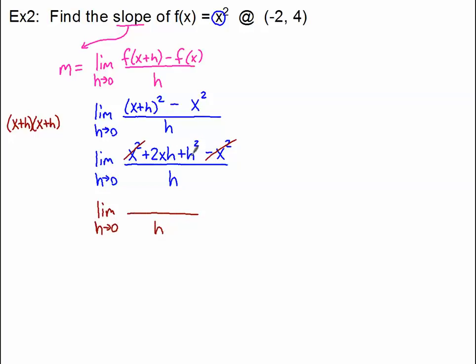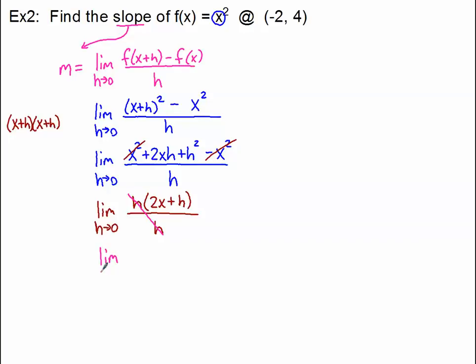In fact, with the two terms that have the h, I'm going to pull the h out as a GCF, leaving a 2x plus the other h factor from here. And then I can cancel away that common factor.